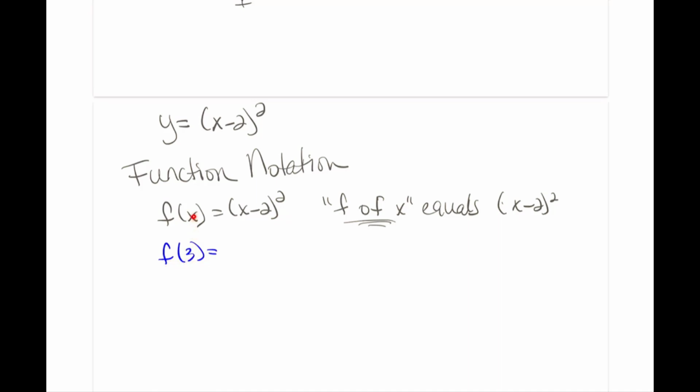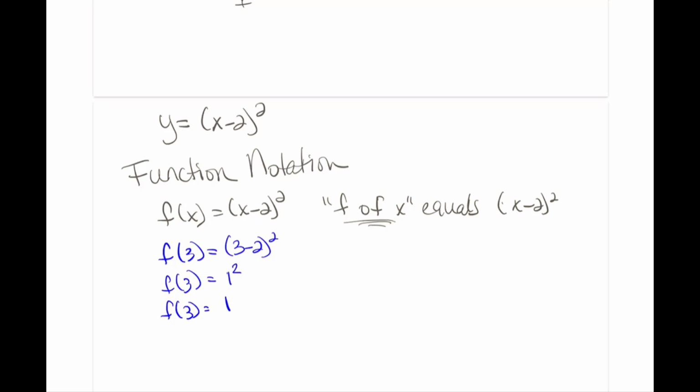And what do you think the 3 is going to go in for? That's our input, right? And our input is our x values. So wherever our x is, we're going to put in a 3. So we're going to have (3 minus 2) squared. So f of 3 equals 1 squared. So f of 3 equals 1.